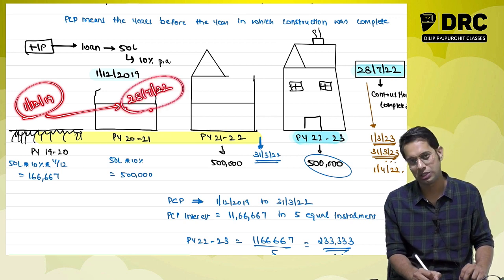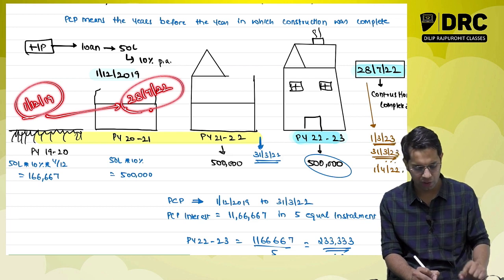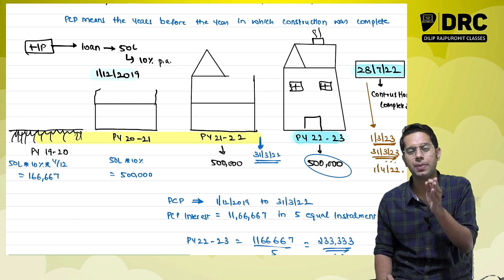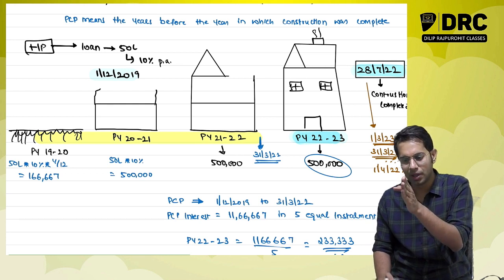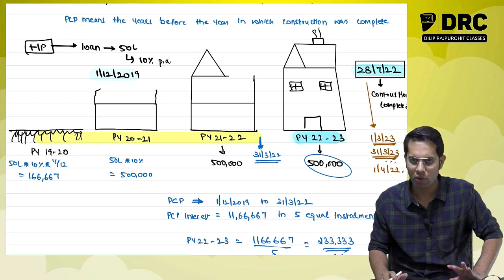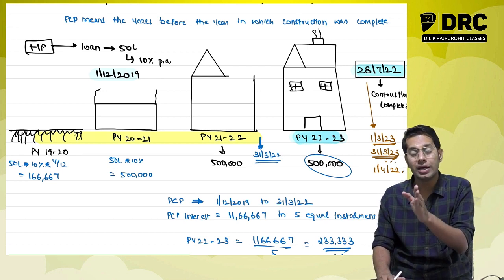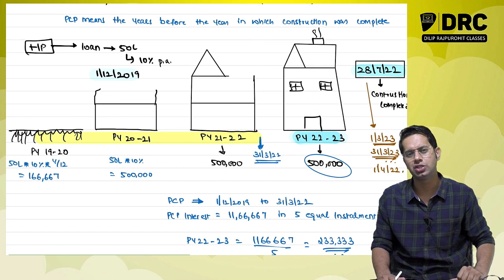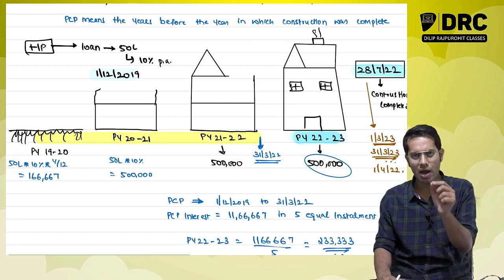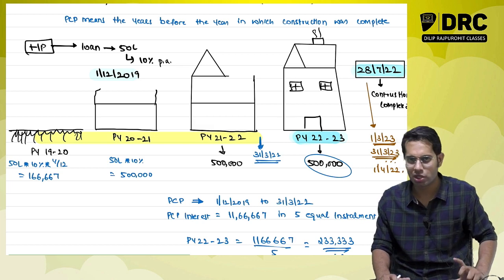Here the law beautifully says that pre-construction period means the period or the years before the year in which construction was completed. Meaning, you will have to see in which year construction got completed.